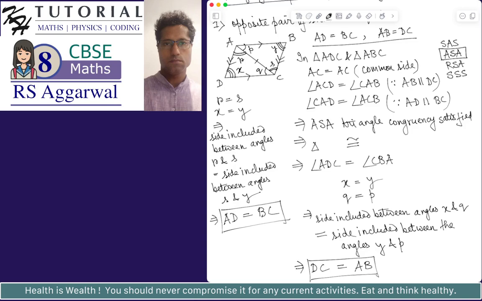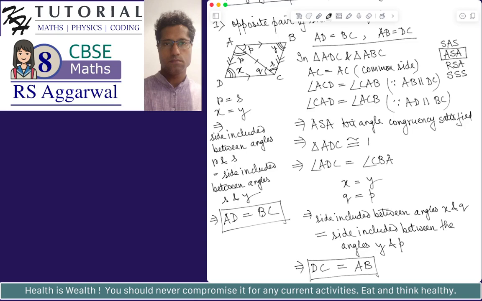Okay, so if we consider the triangle ADC, based on this triangle ADC, I have to properly name the other triangle ABC. Now, I know that AD is equal to BC.